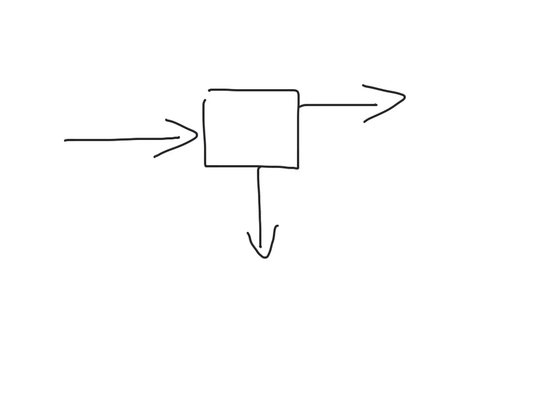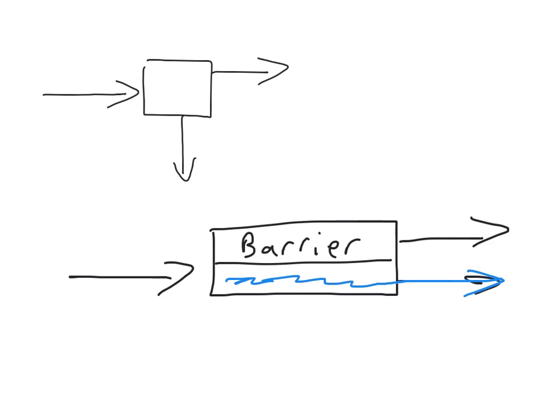So let's talk about different ways that you can separate materials. One method is to have some sort of physical barrier that prevents one chemical from crossing. Here is an example where I might have some feed that's a mixture of two or more different chemicals, and one of those chemicals is able to cross this barrier, which I've shown here in blue, and we're able to take it out as this exit stream, whereas other components can't cross the barrier.